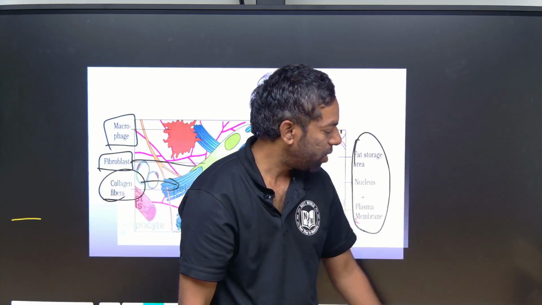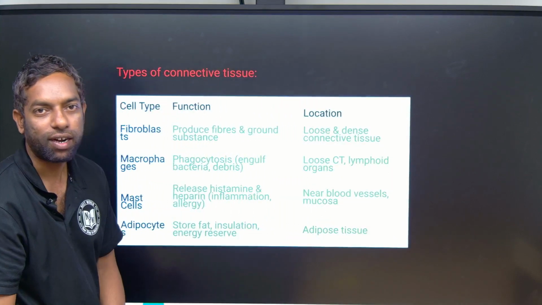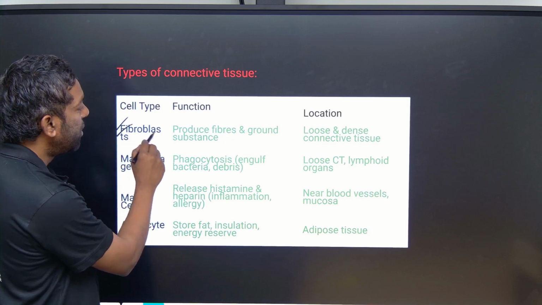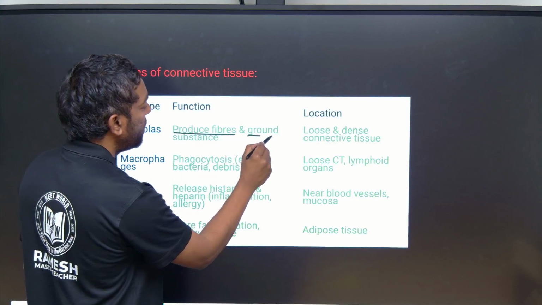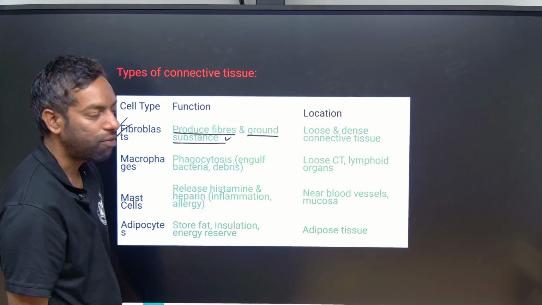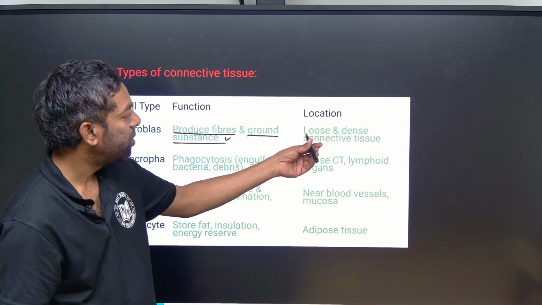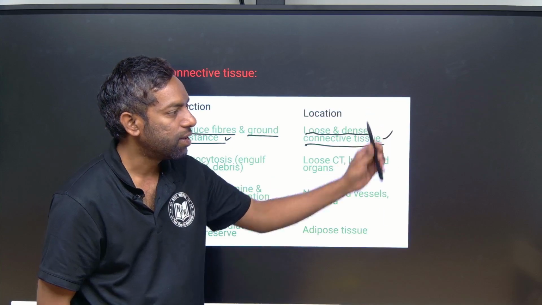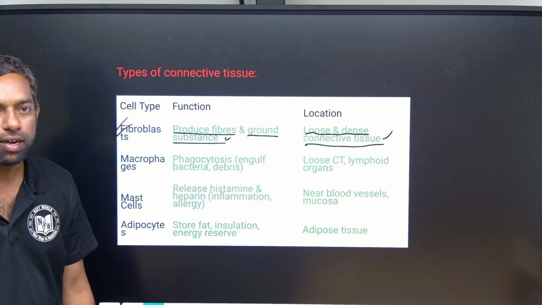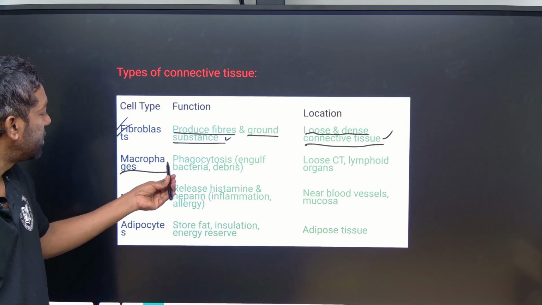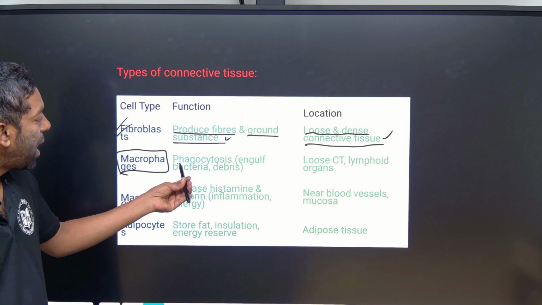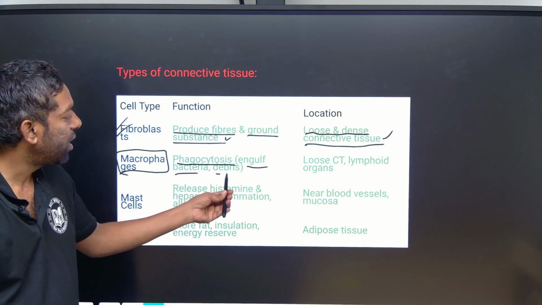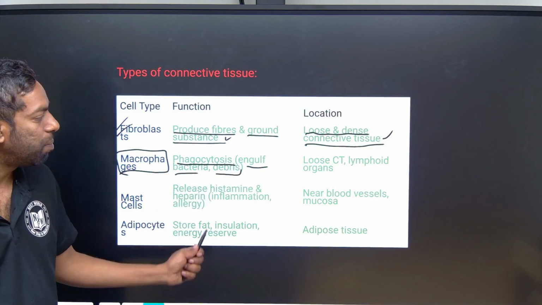We are going to discuss their location and their function. Fibroblast cells produce fibers and ground substances. They are located in loose connective tissue and dense connective tissue. Macrophages are phagocytic in nature, meaning they engulf bacteria and debris, dead particles.